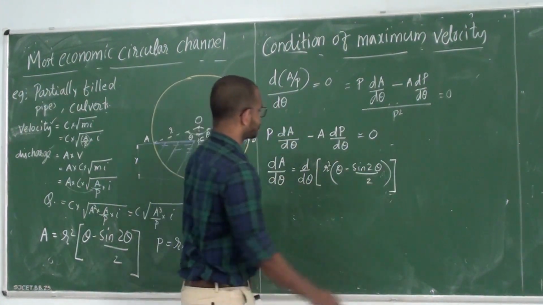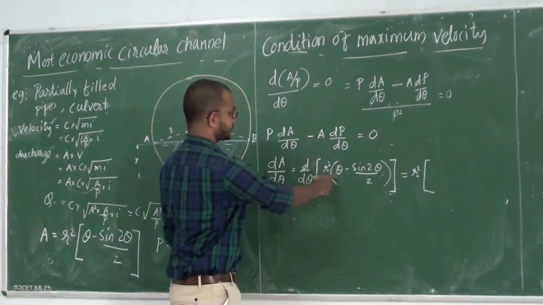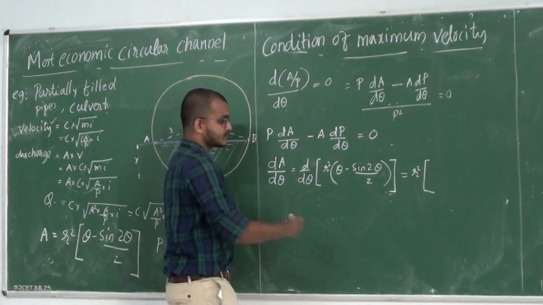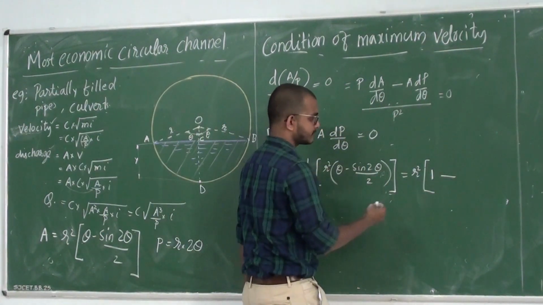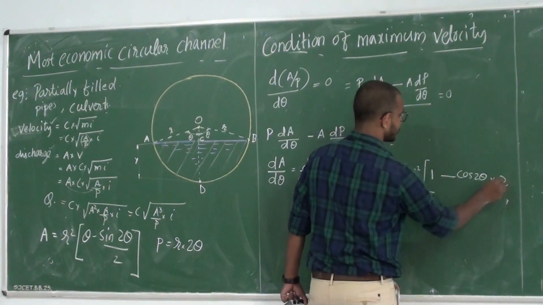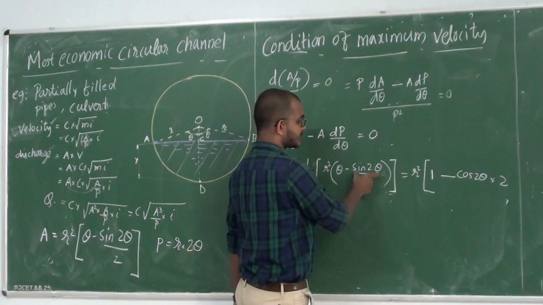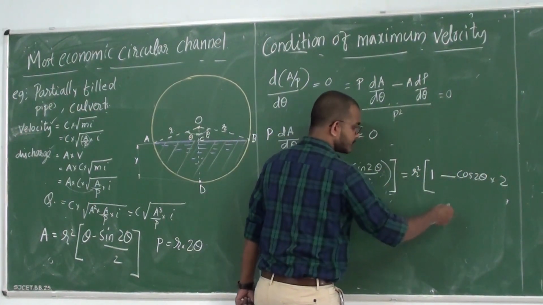If we differentiate theta with respect to theta, that is 1, and sine 2 theta gives cos 2 theta into 2, and that 2 cancels with the 2 in the denominator.